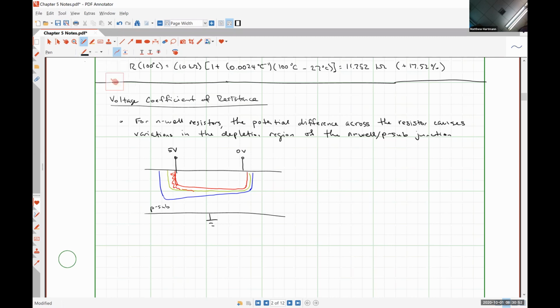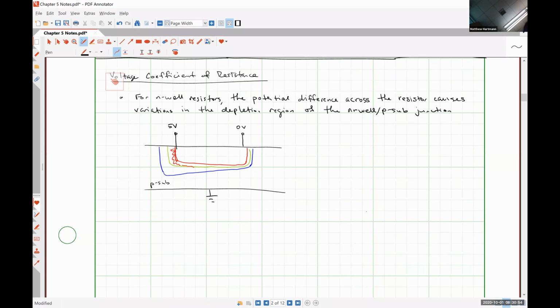So since the size of the depletion region changes, where the depletion region is effectively devoid of free charge carriers, this is going to cause the effective thickness of the N-well to vary over its length.